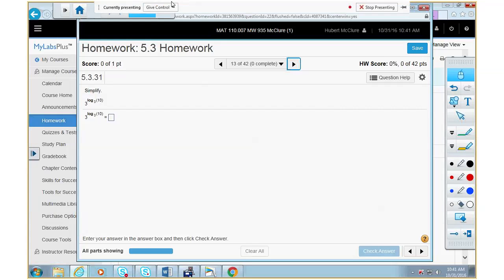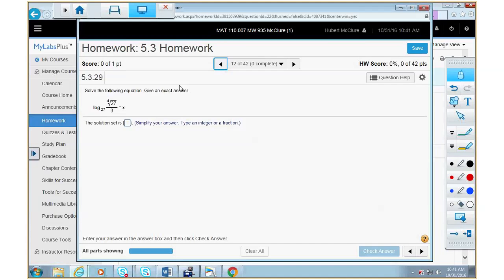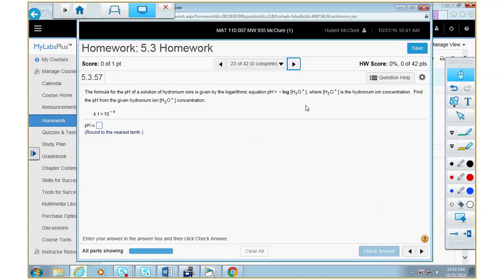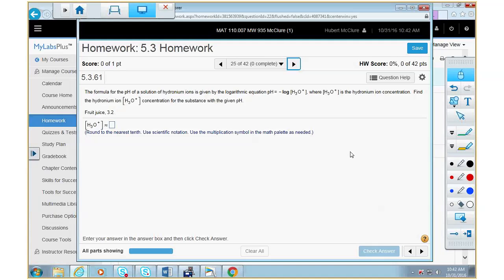The ones before that, 1 through 29, are the definition of a logarithm. And after that, you got a couple of calculator questions, 45, 47, and 51. So you got 3 or 4 calculator questions, and then some word problems, which I'm not worried about. I just want you to be able to do the mechanics. All right, so that's that.